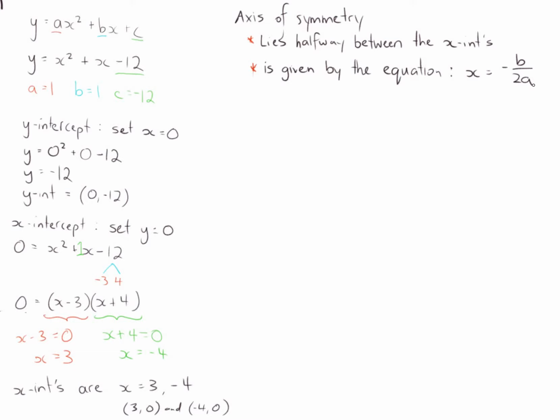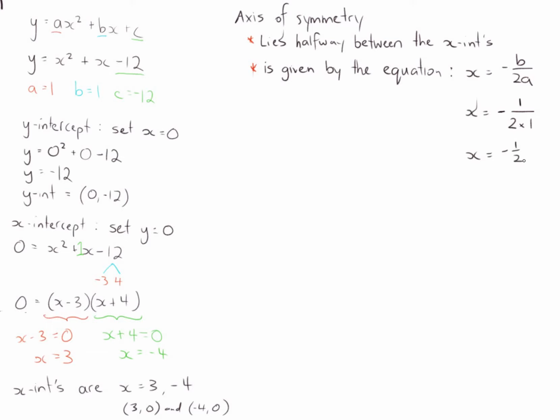So we could just use that. In this case, we know that a equals 1, b equals 1, and c equals negative 12 for this specific parabola. So let's substitute our values in. x equals negative 1 over 2 lots of 1, and that just simplifies to negative a half.